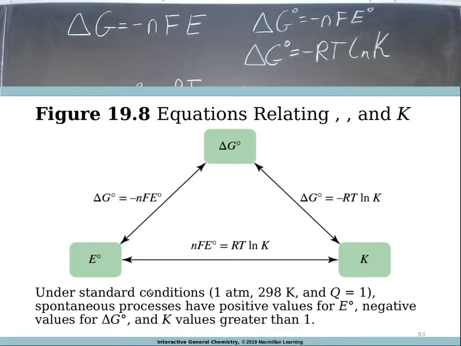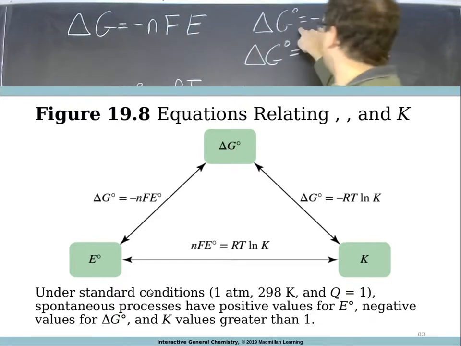So if we look at figure 19.8, this kind of summarizes how all of these values, the potential and the equilibrium constant and the Gibbs energy, are related to each other and how we can go back and forth between them. If we want to do a conversion between standard cell potential and standard Gibbs energy of reaction, then we'll use this. Delta G naught is equal to negative NF E naught.